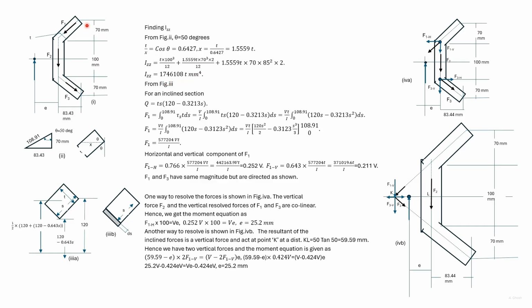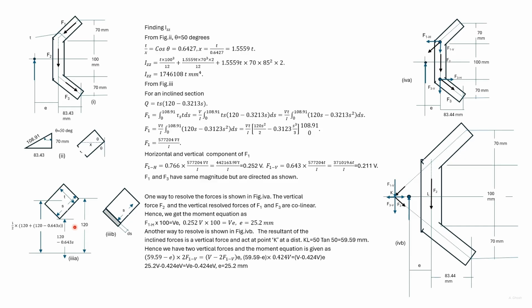Next, we'll find out the force F1. Consider a portion from the free edge. Let the length of the portion be S. Then the distance of the edge from the neutral axis is 50 plus 70, that is 120. The vertical distance is 0.64 s.